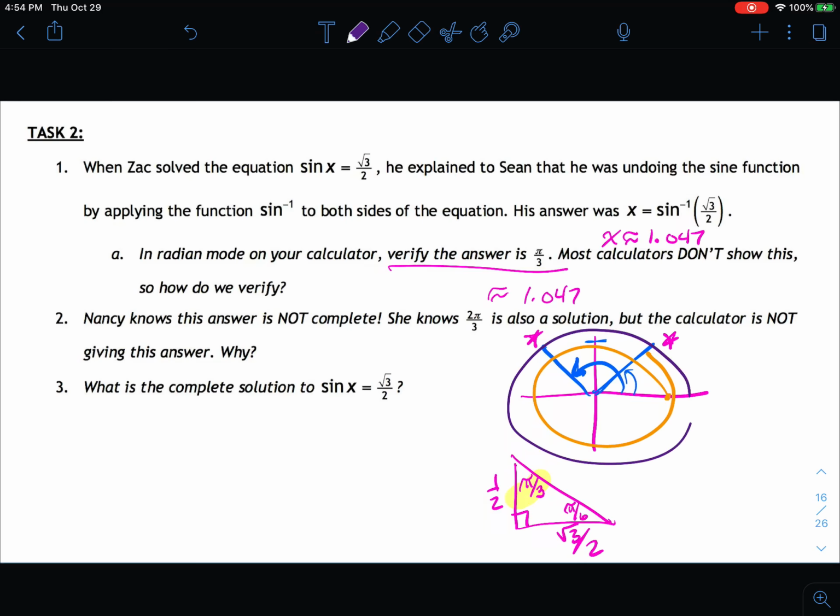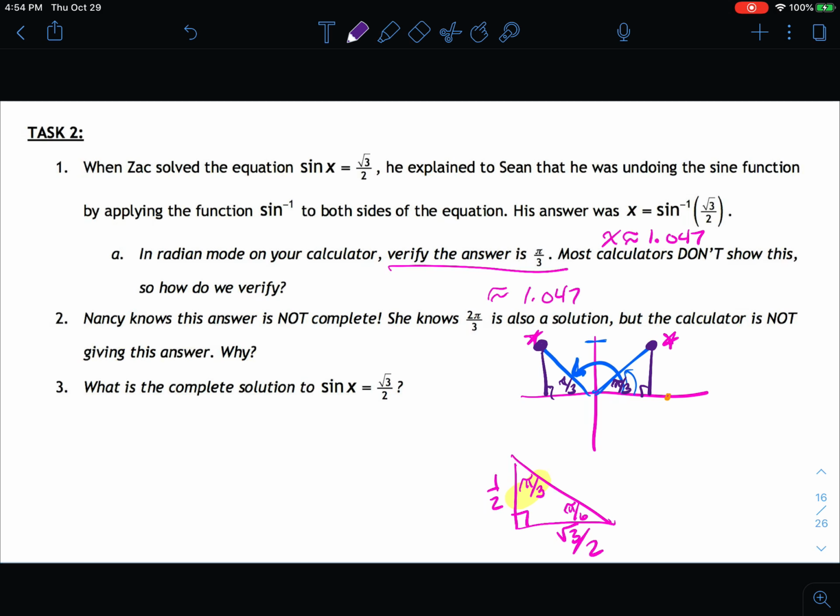If I go here, around and around, boom, I'm there again. So there's actually an infinite number of solutions. Every time I hit here or here, that angle will make the equation true. Remembering that this is your reference angle, pi over 3, and this is pi over 3. That's what we talked about in our last unit, and we're going to continue here.